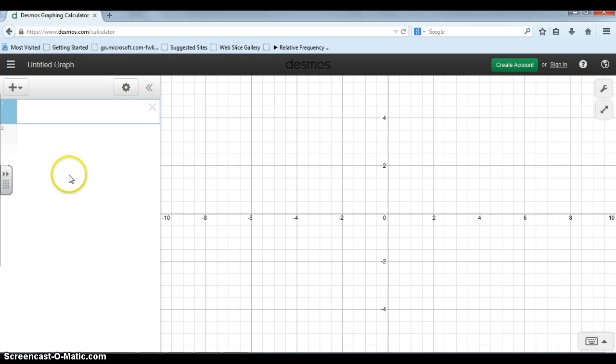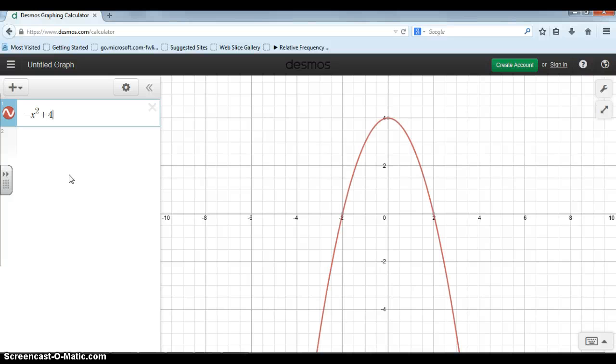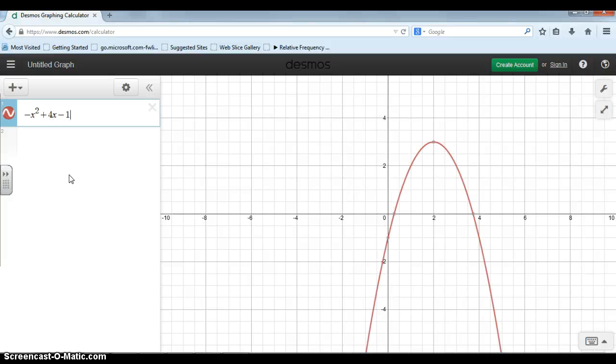There we go. Negative x squared. So you're going to hit the shift number 6, and that will get you up to the squared part, and then just arrow out, and then plus 4x, and then minus 1. And then we can have that same thing, and it actually gives this to us, but we can go see it's between 0 and 1, and over here between 3 and 4.